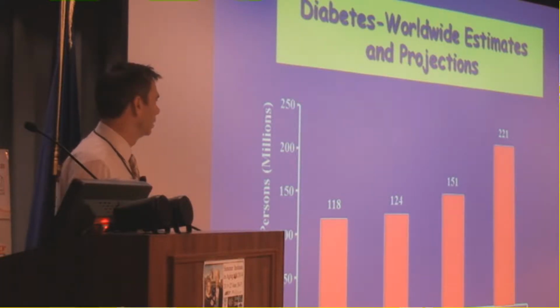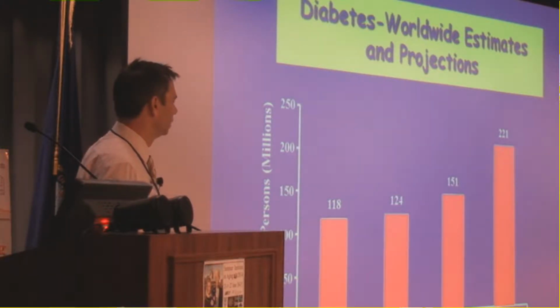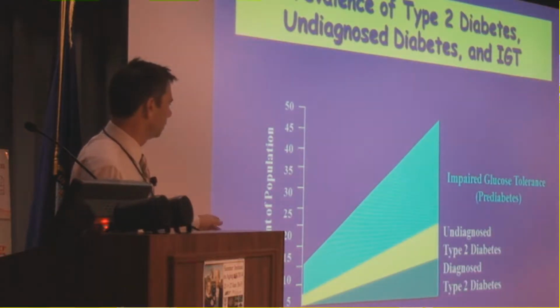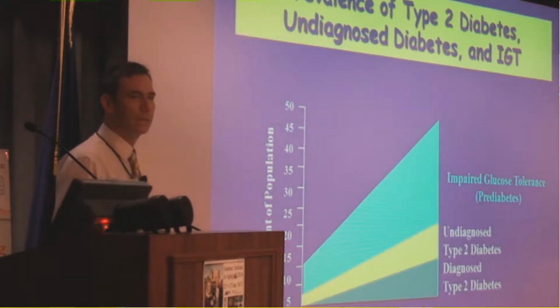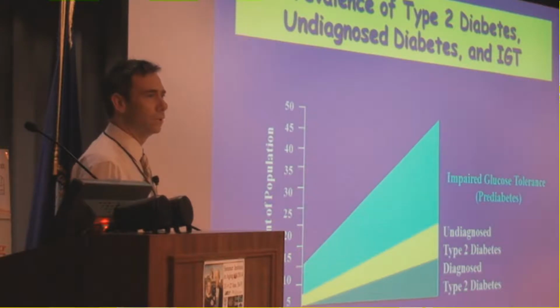So just in 10 years, imagine the amount of diabetes in the world increased by 80%. That's very concerning. That figure also shows how the prevalence of diabetes changes with aging.